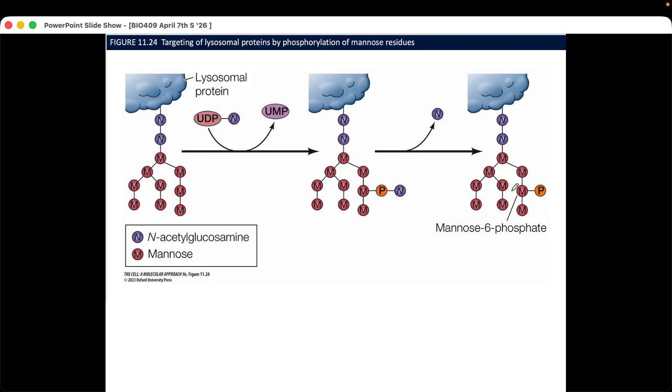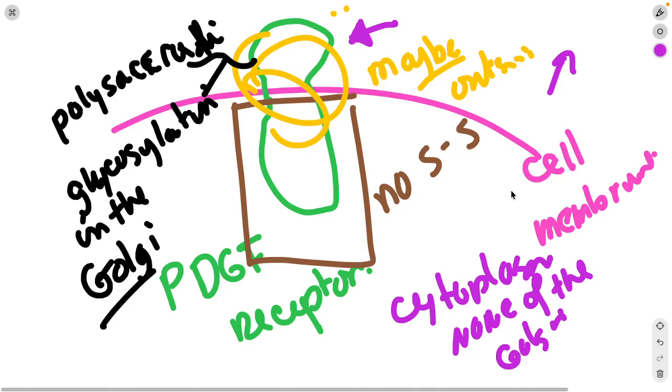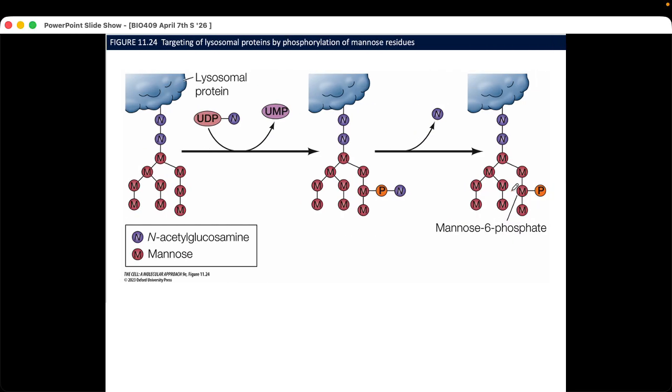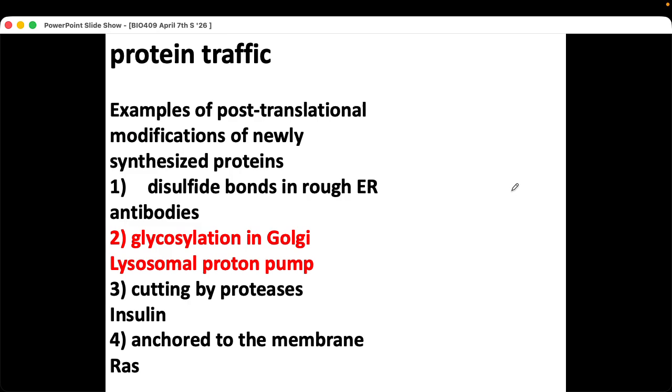So it gets tagged there. And so that's our example of a modification, a glycosylation. It's a great one because it's going to help get it to its destination. Proteins get glycosylated and go onto the cell surface or out of the cell for a whole bunch of different reasons. Ours would just have one: you've got to glycosylate this to get it to target to the lysosome.